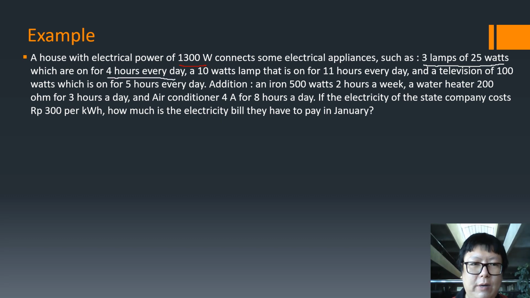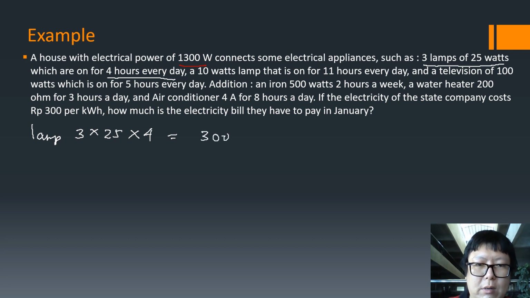If there are 3 lamps, the lamp power is 3 times 25 watts, times 4 hours every day, then we have the daily usage. So this is equal to 300 watt hour. Now there is another lamp again, a 10 watts lamp.